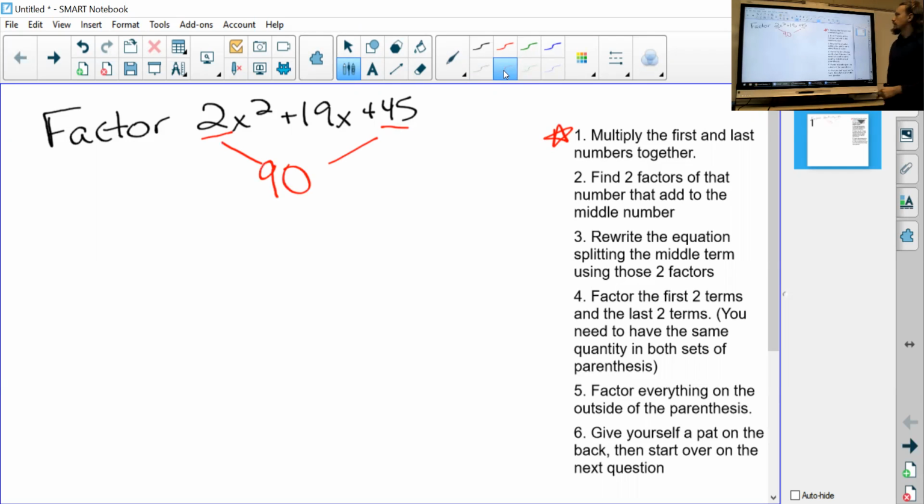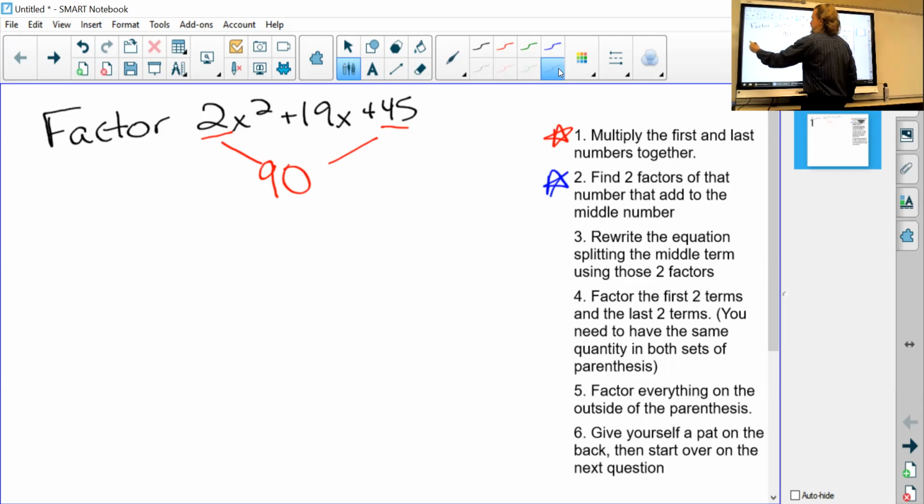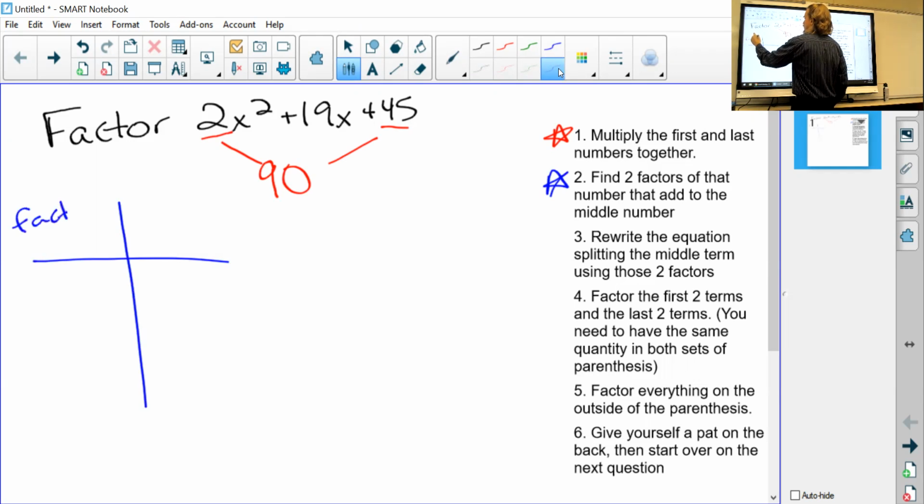Okay. Our second step, this is very similar to what we did last week. I want 2 numbers that multiply to 90 that also add up to 19. So that should sound pretty familiar. So I'm going to make my table here. Again, you don't have to do this. Factors of 90, and then there's sum.